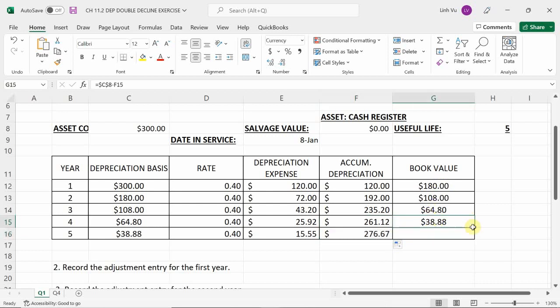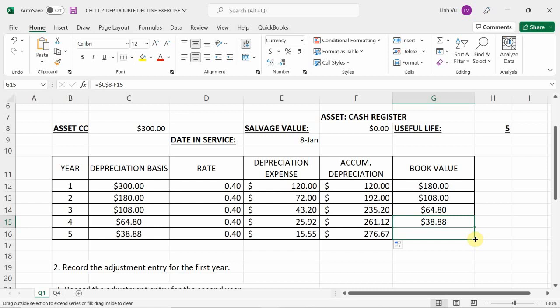Giving me a book value of $292.22. Not $292.22.